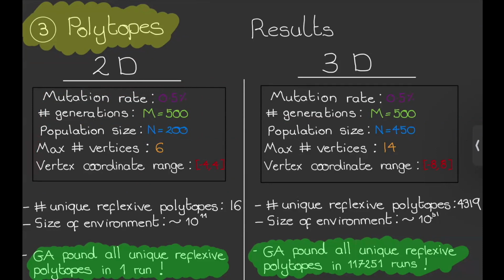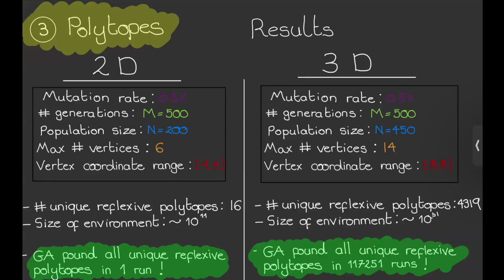This sort of defines our environment for us. For the 2-dimensional case, the maximum number of vertices of a reflexive polytope is 6, and by setting the vertex coordinate range to be -4 to 4, we define an environment that captures all of the 16, but is as small as possible.